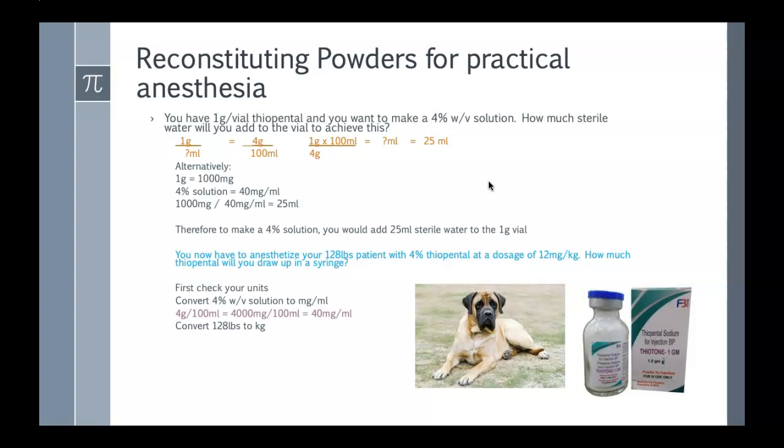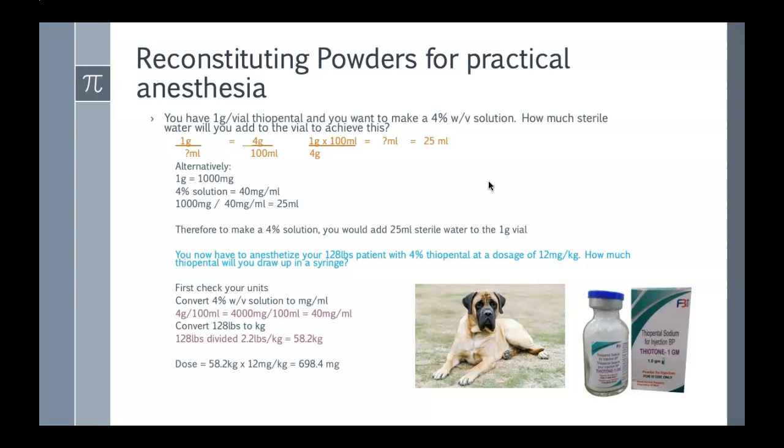So first, check your units, convert 4% to mg per mil. 4% is 40 mg per mil, and then convert 128 pounds to kilograms. So I'm going to divide 128 pounds by 2.2, which equals 58.2 kilograms.